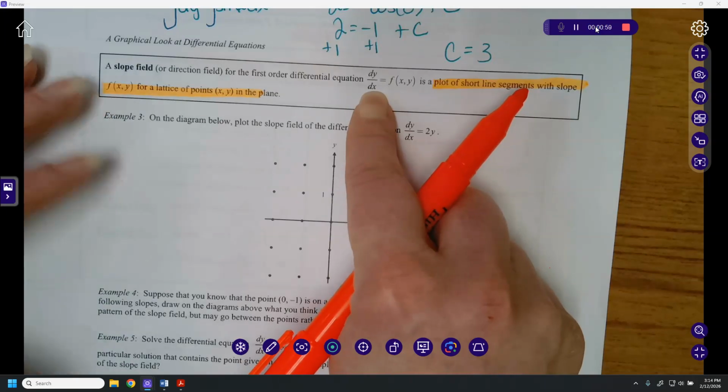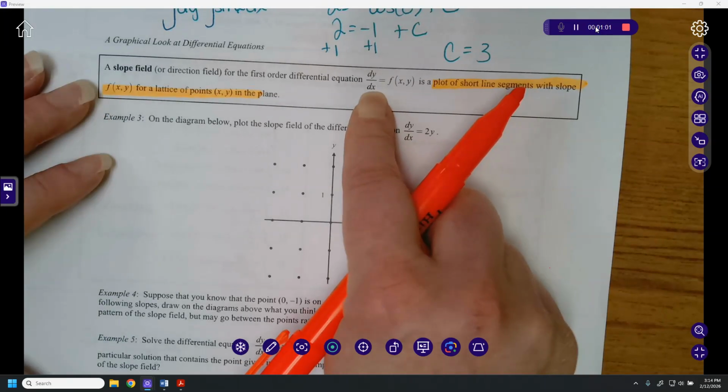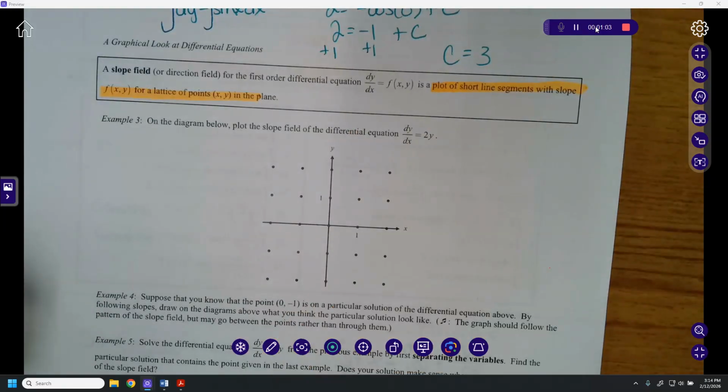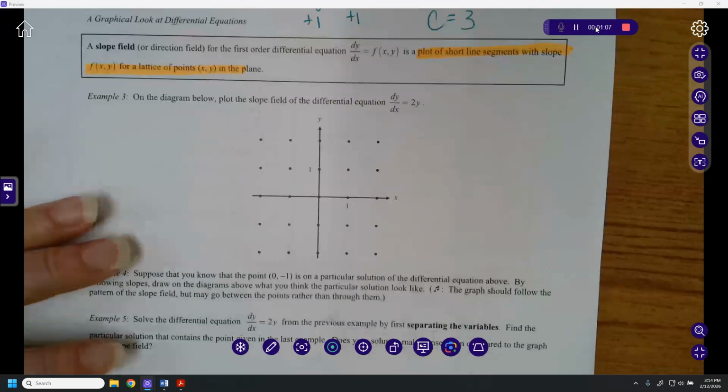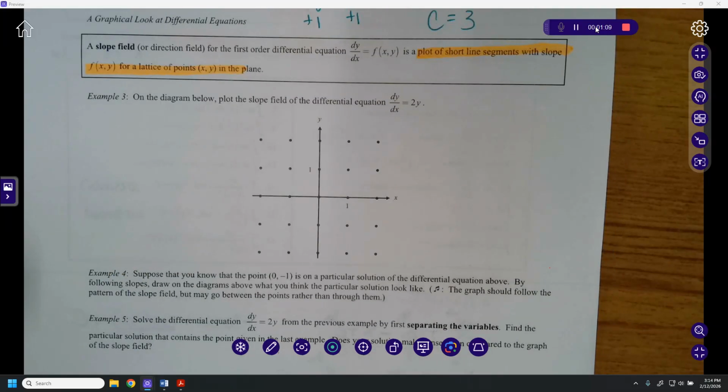I know it's kind of hard to understand, but if we graph all of what the slopes look like, it generates this field of things that provide us with what the original equation looks like. So let's do one, kind of pull it all together.